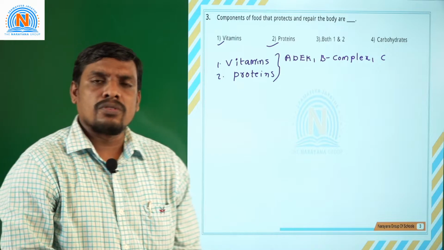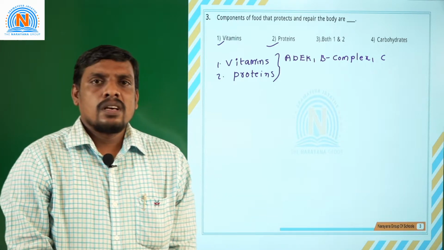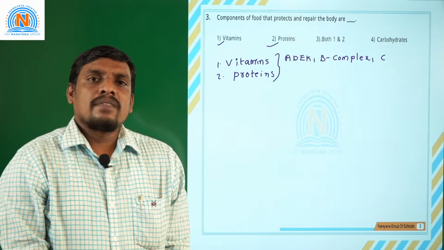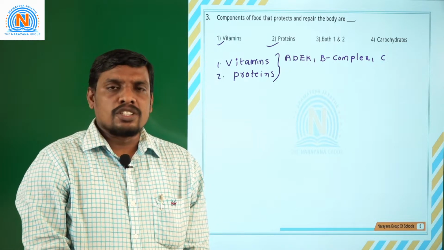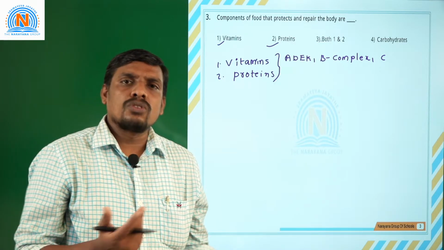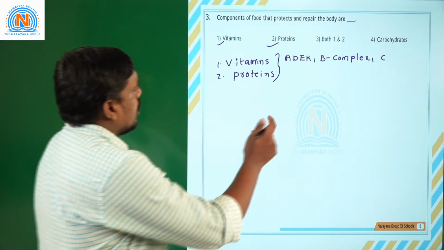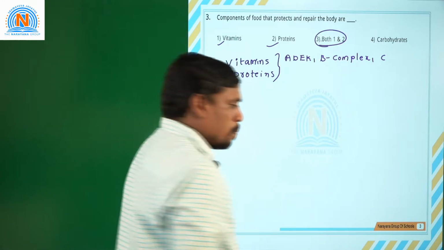There are different types of proteins. Proteins are made up of amino acids. Some proteins have essential amino acids, and some do not. Whatever it is, a protein helps in the healing of wounds or injuries. So our correct answer is the third option, both 1 and 2.